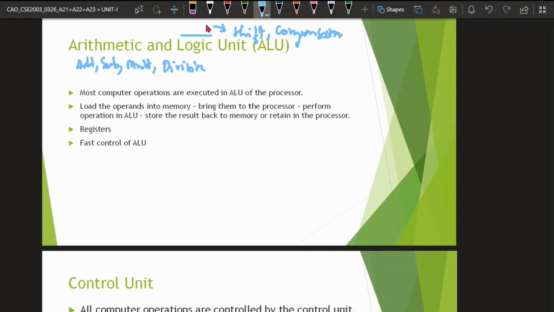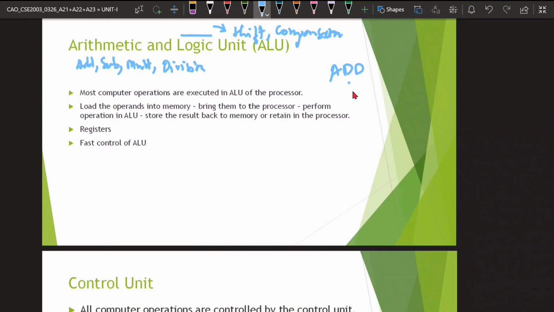This is a separate building block of a CPU. Once an instruction is fetched, it is decoded. After decoding, the processor understands what that particular instruction is telling the microprocessor to do. If an add instruction is to be executed, the microprocessor gets the address location and fetches the instruction.